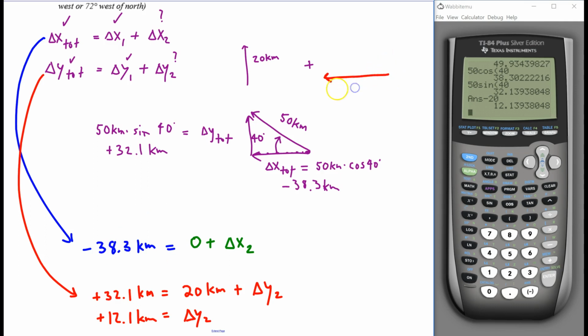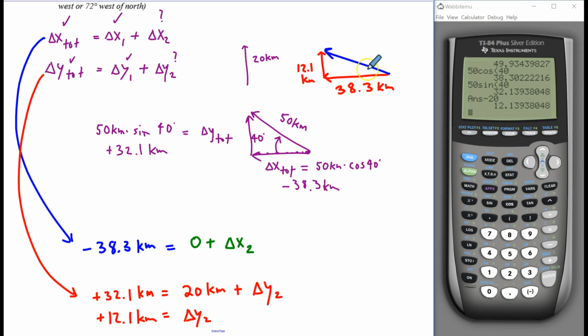Let me draw it like this. And it's pointing to the west, negative. And whatever it looks like, it has a positive y component that's shorter. It's only 12. Okay. 12.1 kilometers.